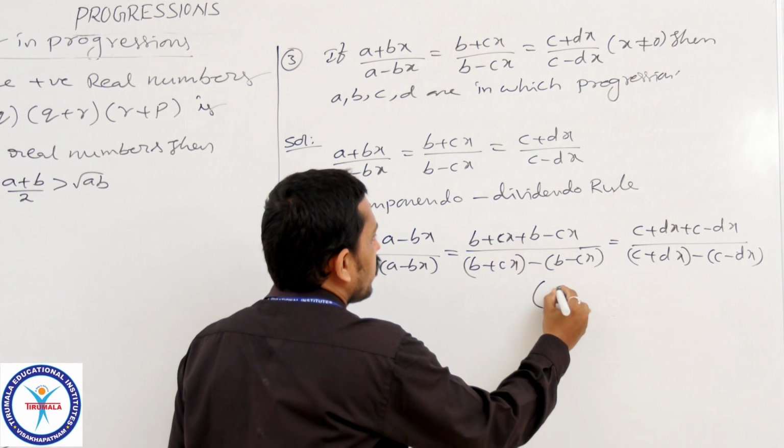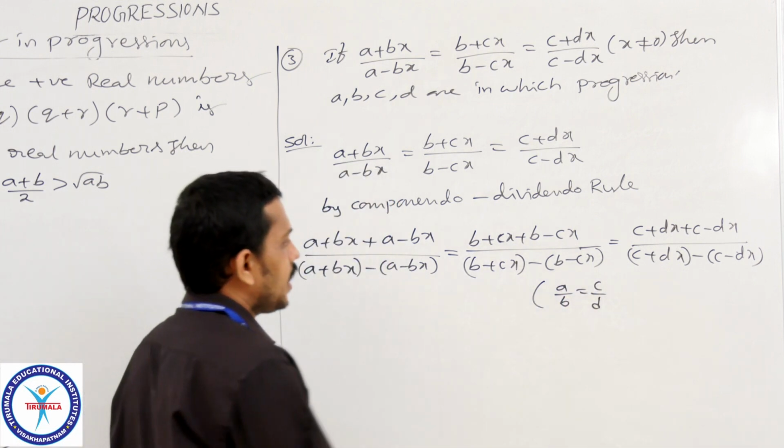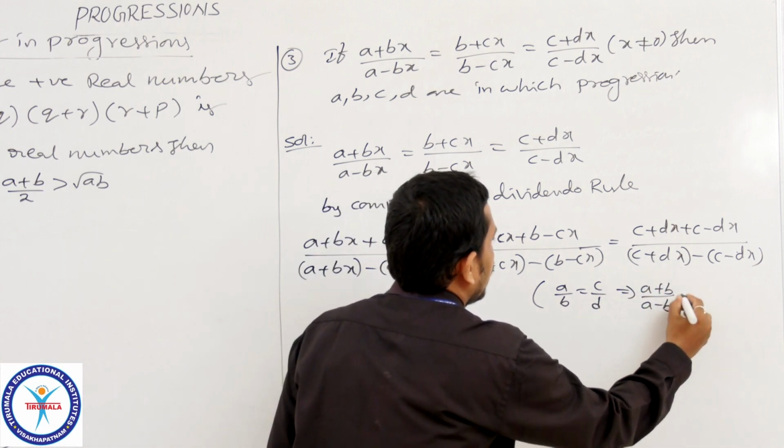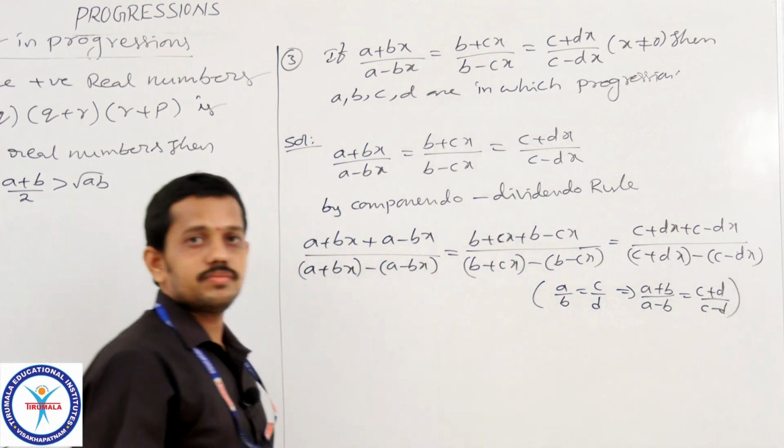What is the componendo dividendo rule? If a/b is equal to c/d, then (a + b)/(a - b) is equal to (c + d)/(c - d).